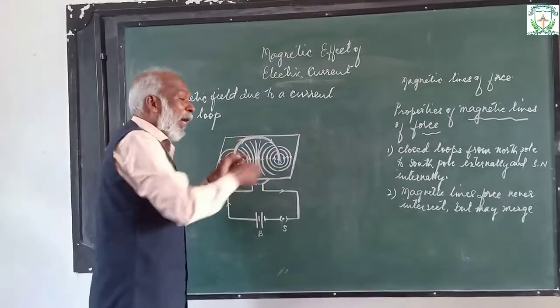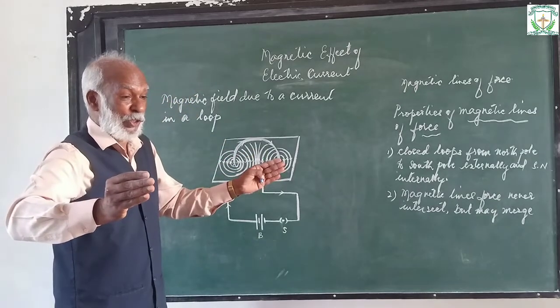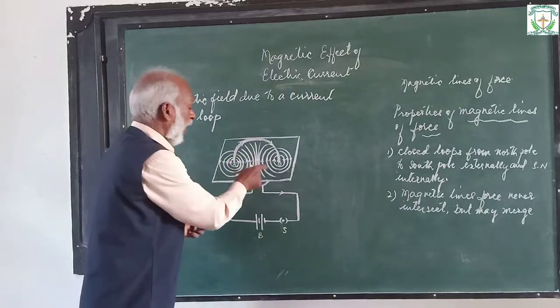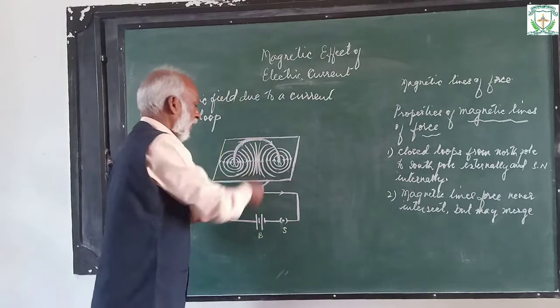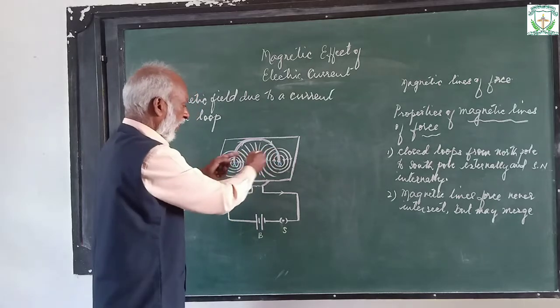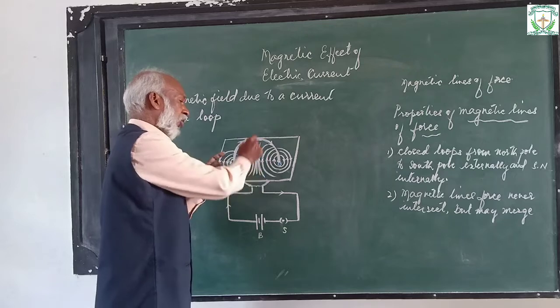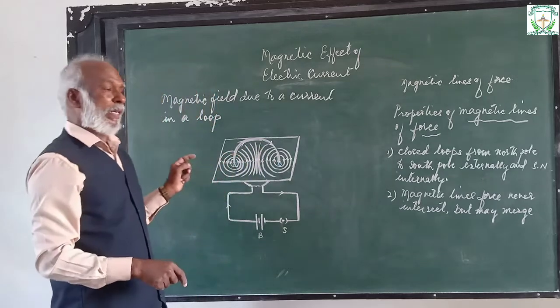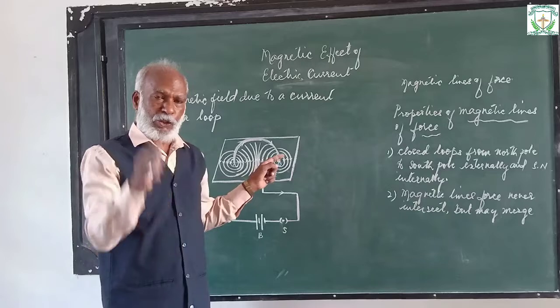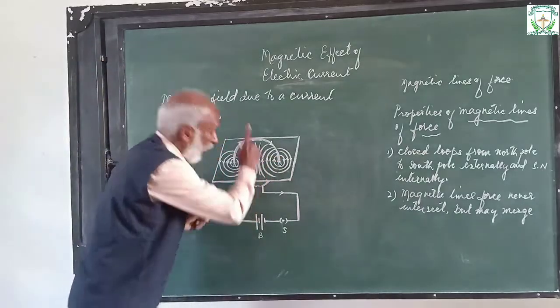A loop having many turns in a circular tube is called a solenoid. If it is a solenoid, it will be almost parallel. Here there is little deviation, but still at the axis of the loop, the magnetic lines of force are assumed to be parallel and in the same direction.